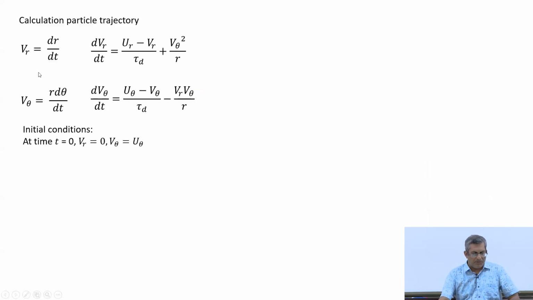For that purpose, we have to consider now the particle equation of motion, but in polar coordinates, cylindrical coordinates. So now you see this is straightforward. As you can see, in polar coordinates we have this term present. Now if you look at the acceleration terms, we have these additional terms coming into the picture.